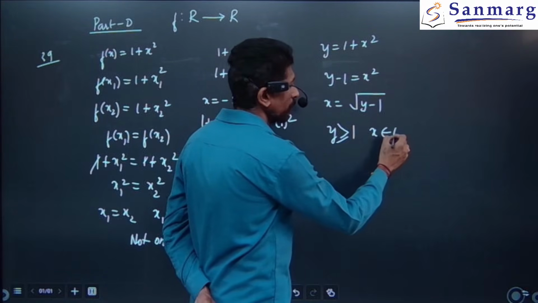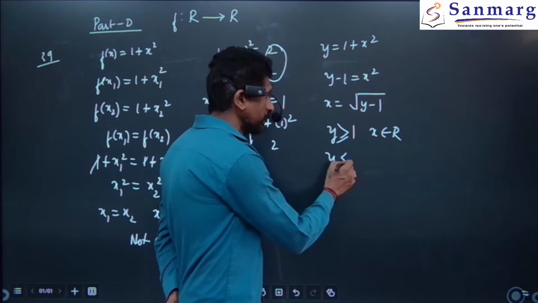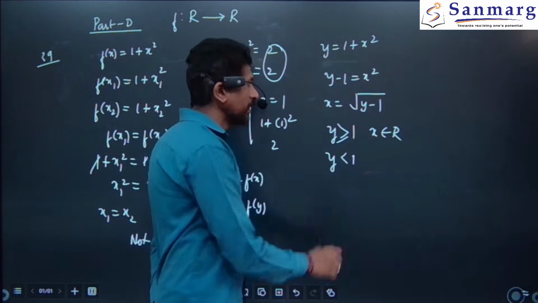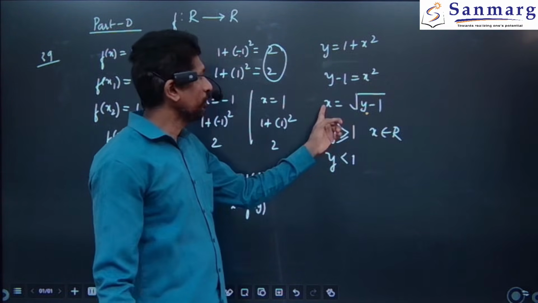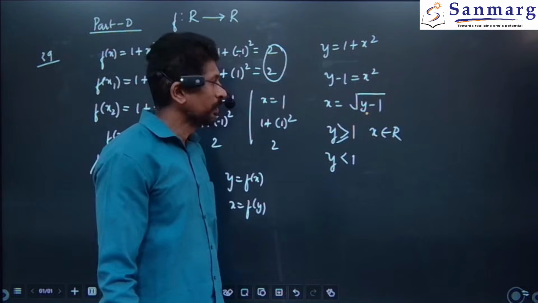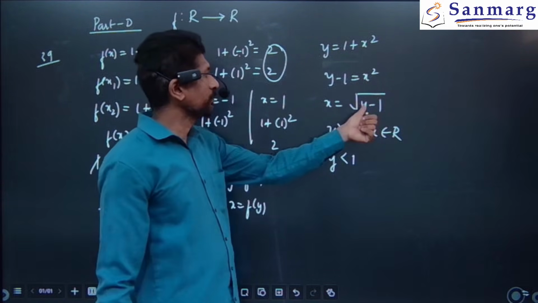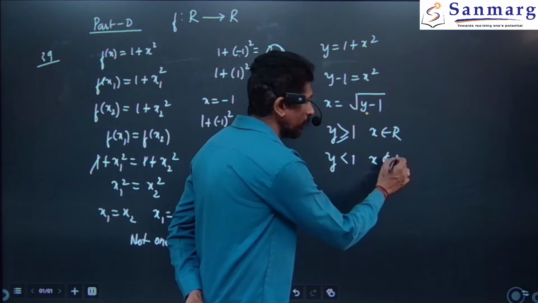X belongs to real number. But when y is less than 1, if I consider y as 0 now, so automatically x comes as root minus 1. If I consider y as minus 2, so automatically x comes as root minus 3. So therefore x does not belong to the real number now.